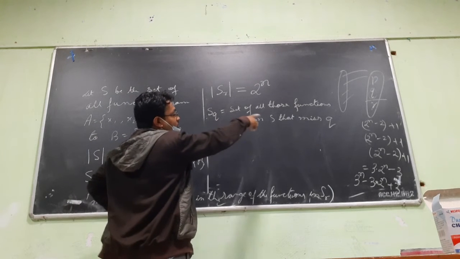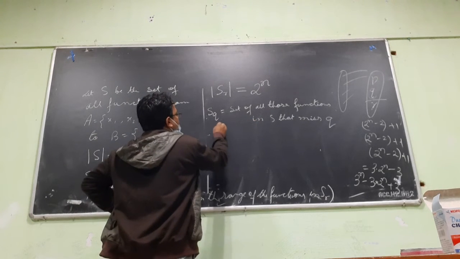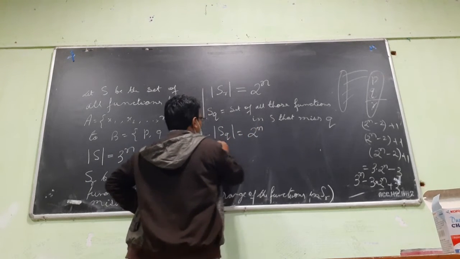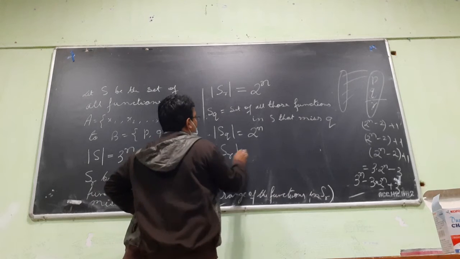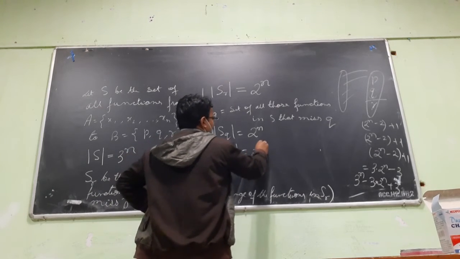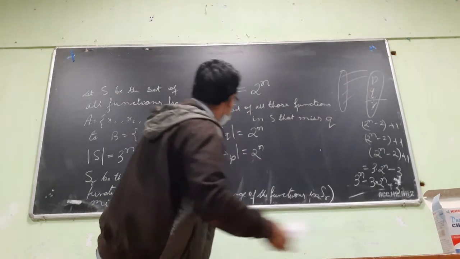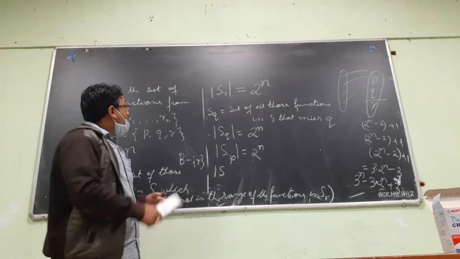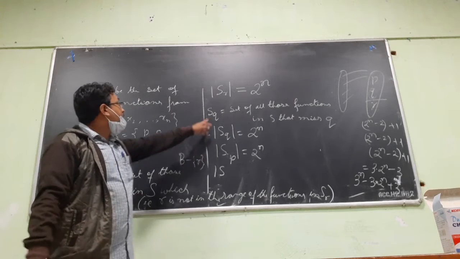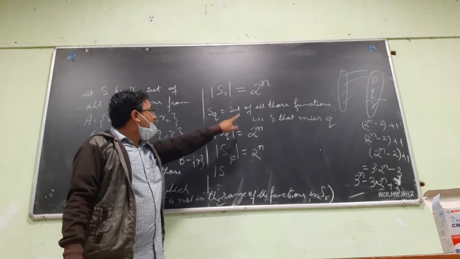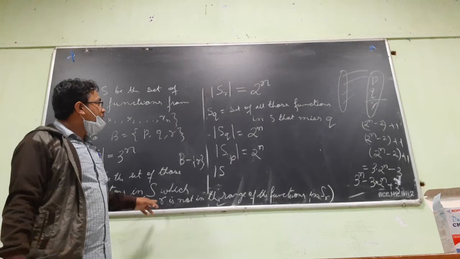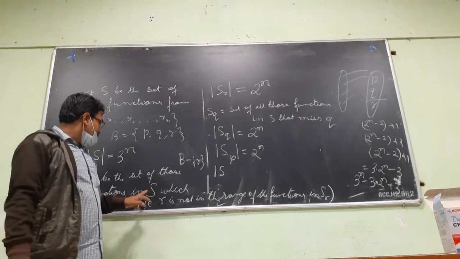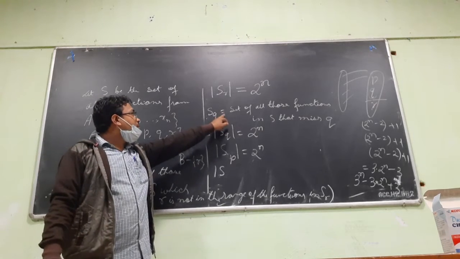SQ is the set of all those functions in S that miss Q. So the number of elements of this will be actually 2 to the power n. Similarly, the number of elements of SP will be 2 to the power n. Then in SR and SQ there are some common elements.